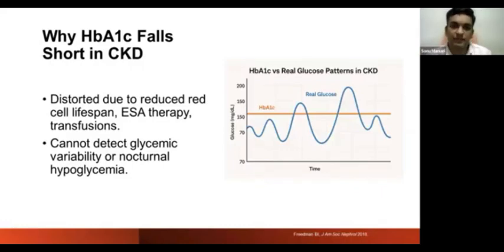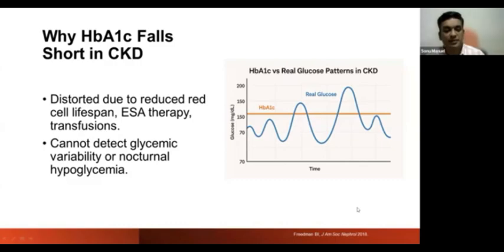Now, why does HbA1c fall short in CKD? HbA1c is the measure which everyone uses to adequately control blood sugars. But HbA1c has certain pitfalls in CKD, because it can be falsely low because of transfusions, ESA therapy, reduced RBC lifespan, and also significant anemia.